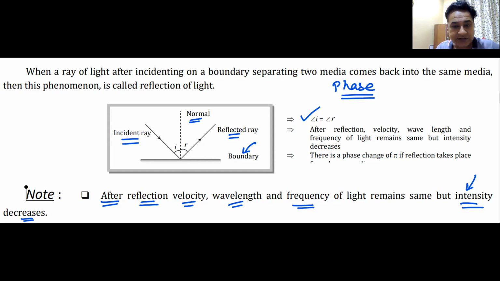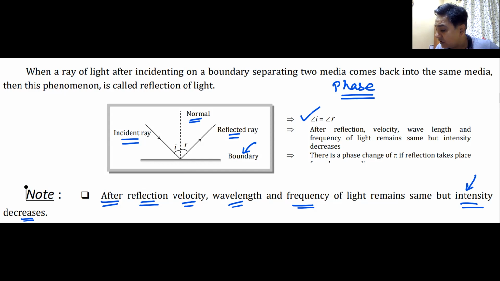So right now just leave two lines and then we will come back to this one. Now, one more thing that you will have to remember: what happens if the angle of incidence is 0? This is called by a different name.